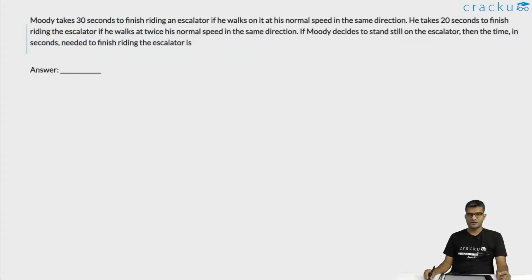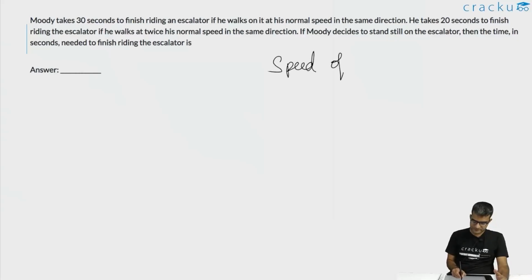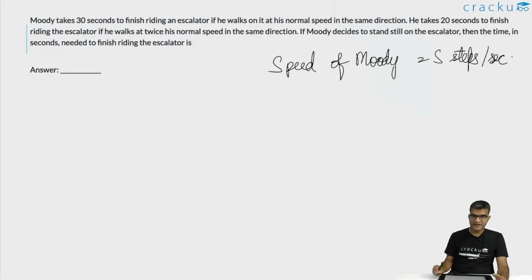In this question, we are told that there is a person called Moody who takes 30 seconds to finish riding an escalator by traveling at his normal speed in the same direction. Let us assume that the speed of Moody is s steps per second, and the speed of the escalator is e steps per second.